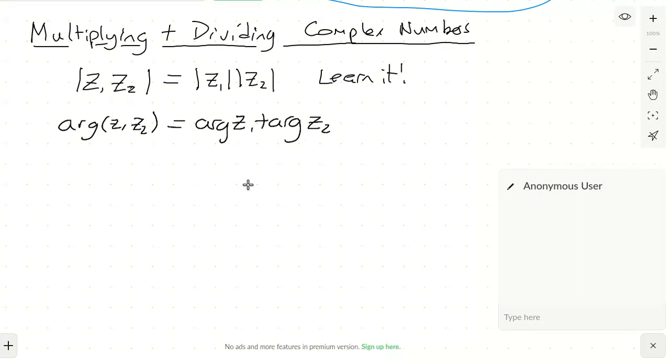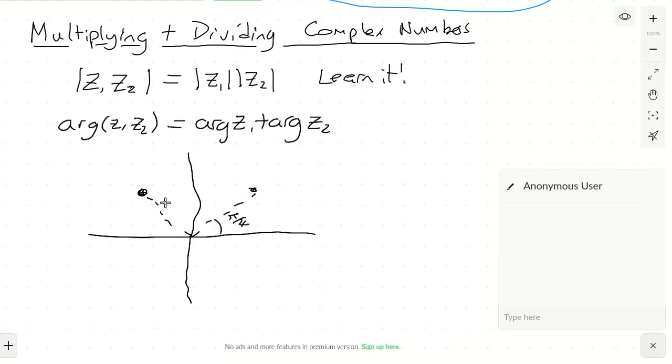Bear in mind, the argument's always taken in the positive direction from the real axis and goes from 0 to pi on the top and 0 to minus pi on the bottom, yeah? So let's say complex numbers here. That looks to be about pi over 4, because that's pi over 2 right here.